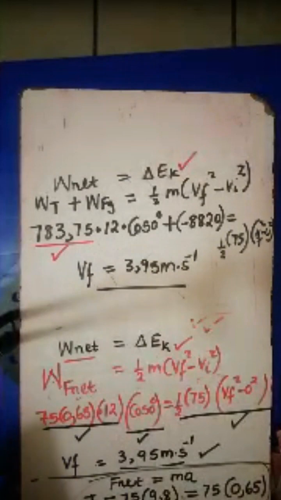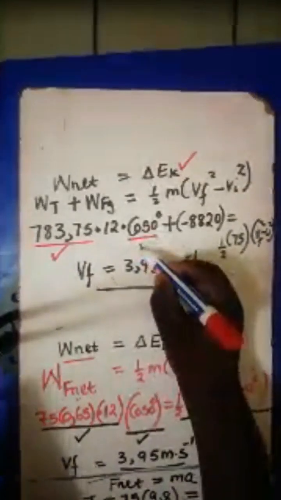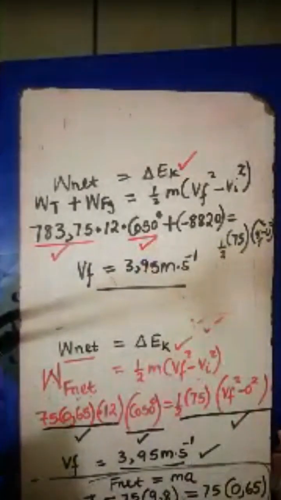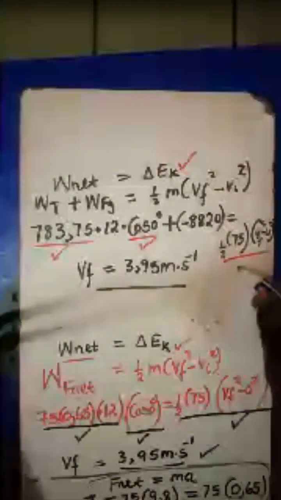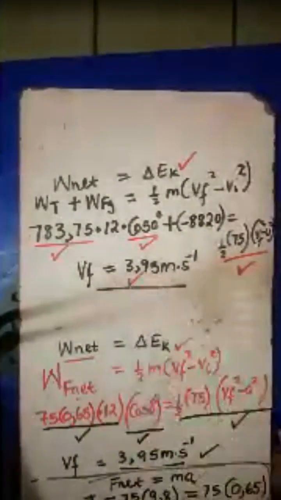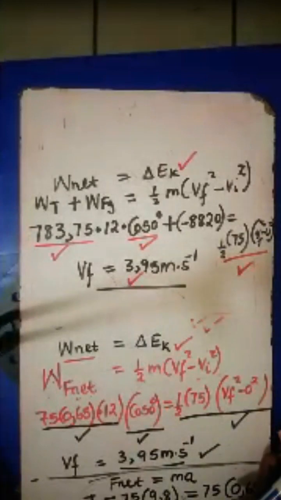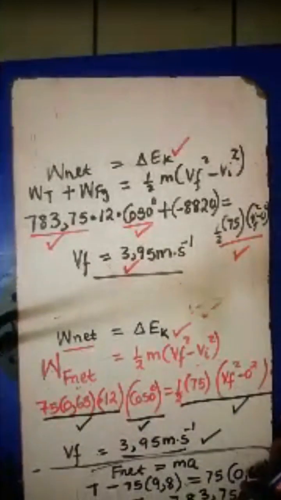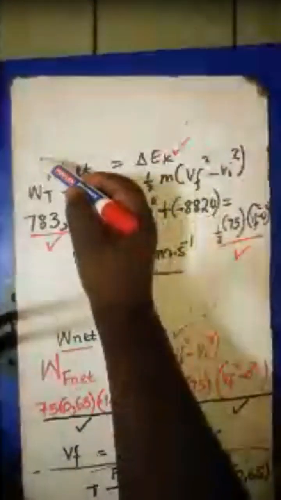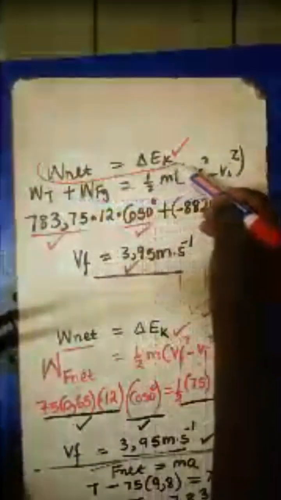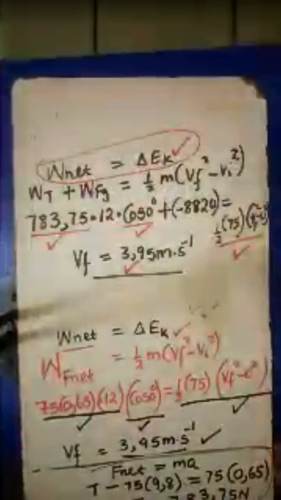Then by saying cos 0, the cos 0 will give you a mark. Then the right hand side will give you a mark. The last mark is the answer. So still going to come back to 5 out of 5. So you might have used another approach, colleagues, but as long as your answer is coming like this and the formula for work net is there, then you deserve 5 out of 5.